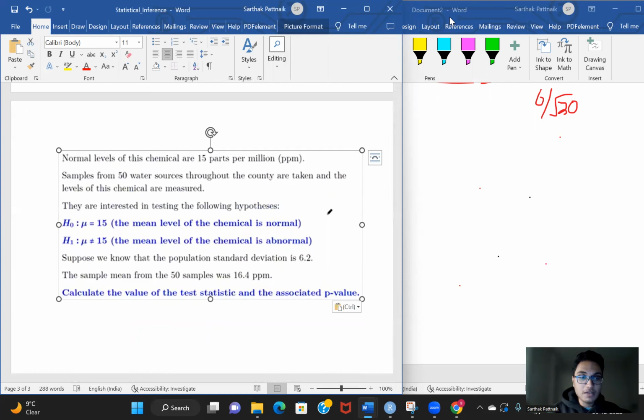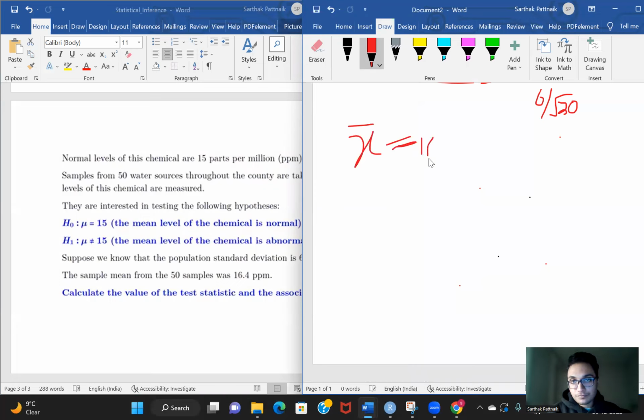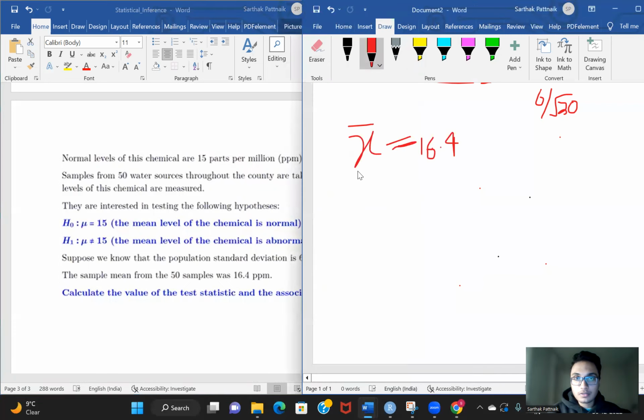Now here in this case, we have been given the sample mean as 16.4, the standard deviation as 6.2, and n is equal to 50.